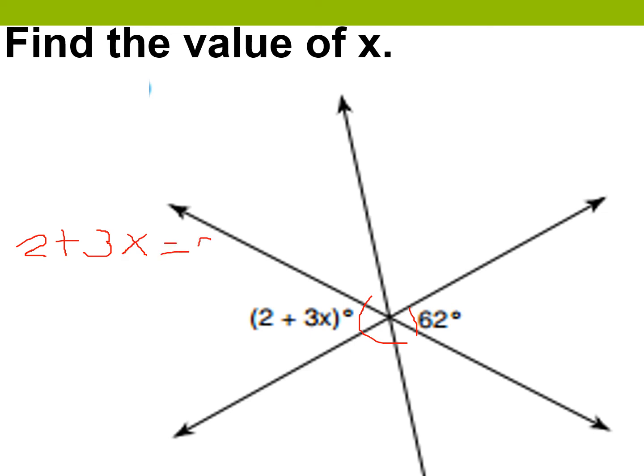Okay? So this is 62. So that is 3x. By transposition, we're going to have 3x equals 60. So x is equal to, dividing both sides by 3, x equals 20. Okay, so I think we have the correct answer.